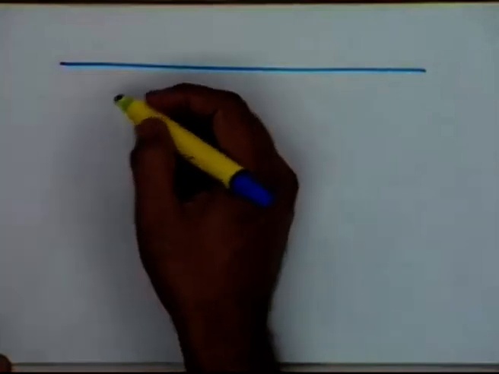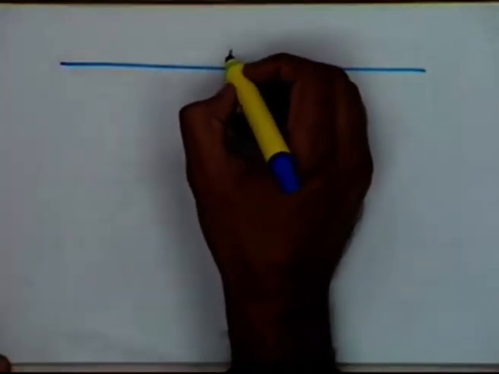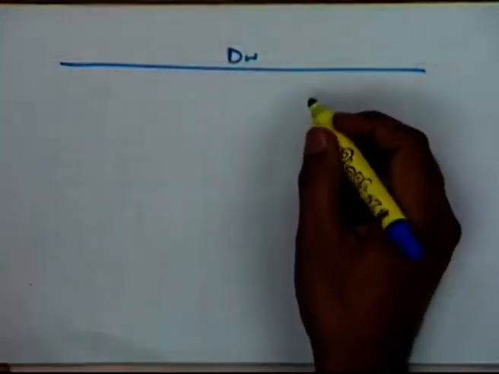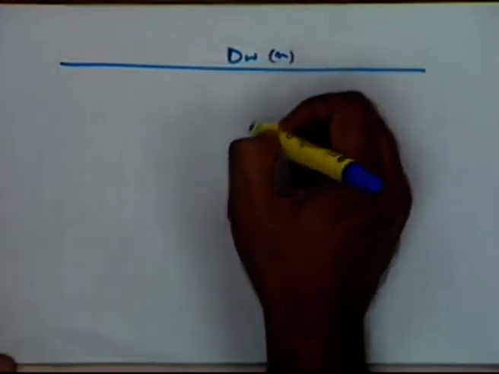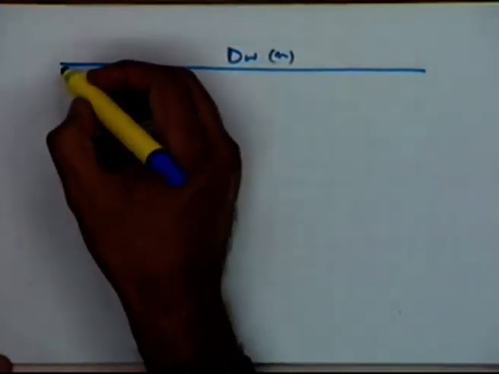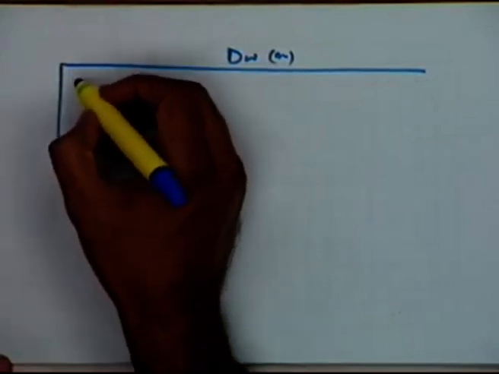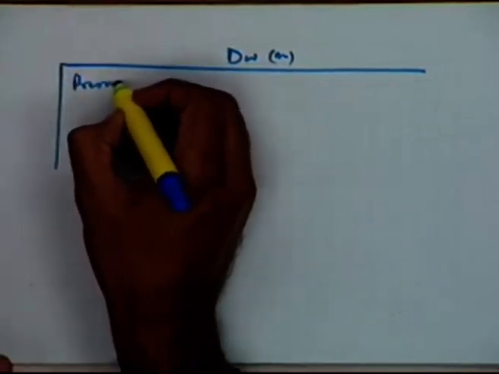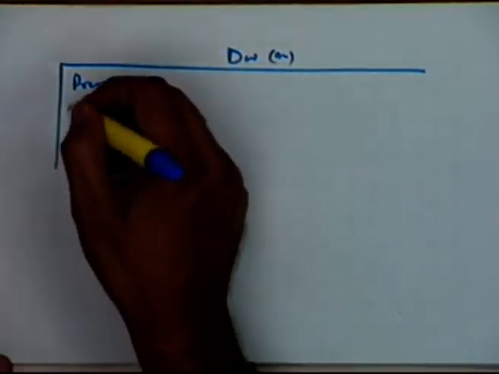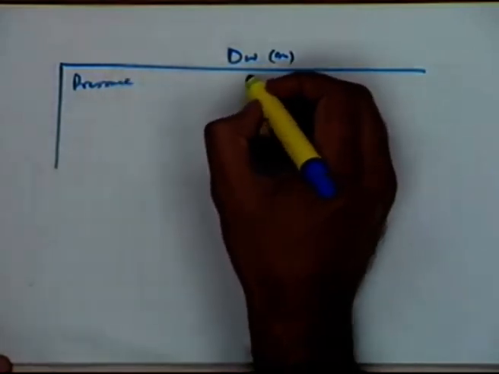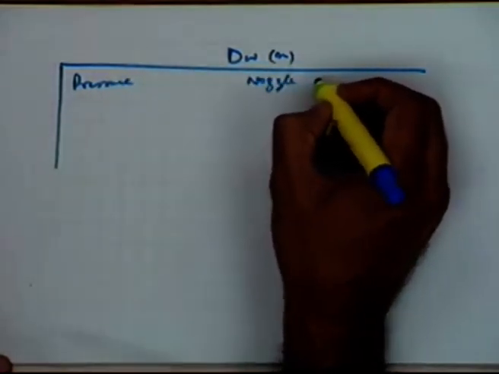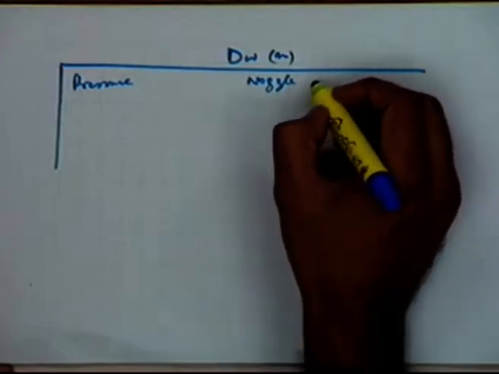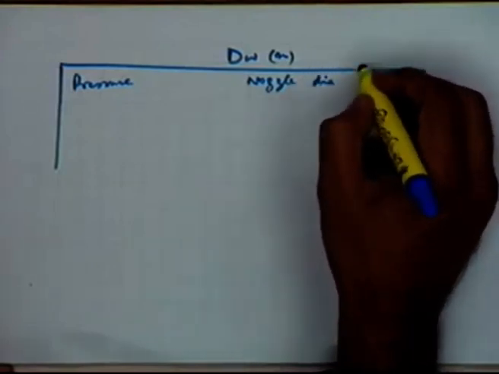For example, there is a table which gives the wetted diameter in meters under different pressures for nozzles of different diameter.